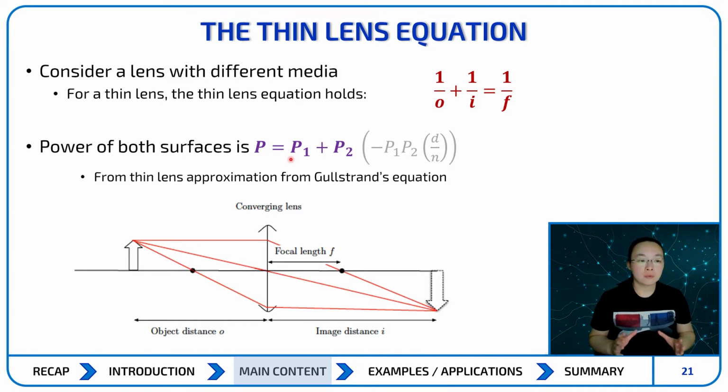If we want to consider, let's say, the refractive power of the human eye, and we break up the human eye into 4 different thin lenses, then we can say that the total power is equal to P1 plus P2 plus P3 plus P4 to get the total refractive power. That's a very handy tool and trick to have when we apply it to the human eye.